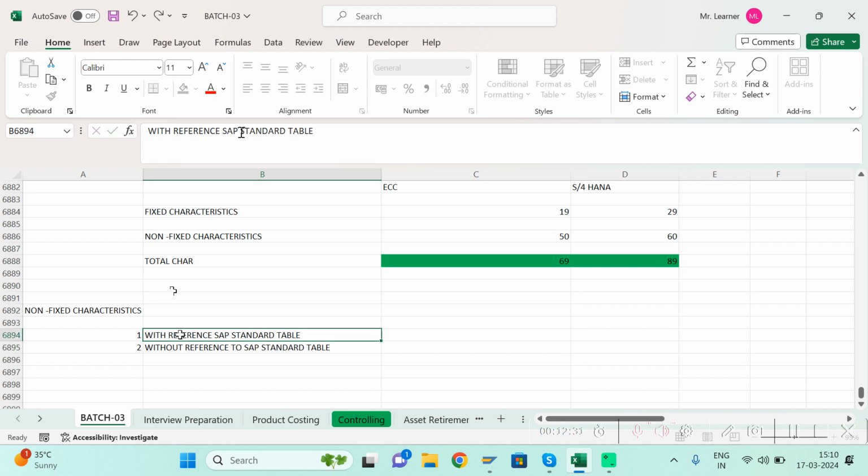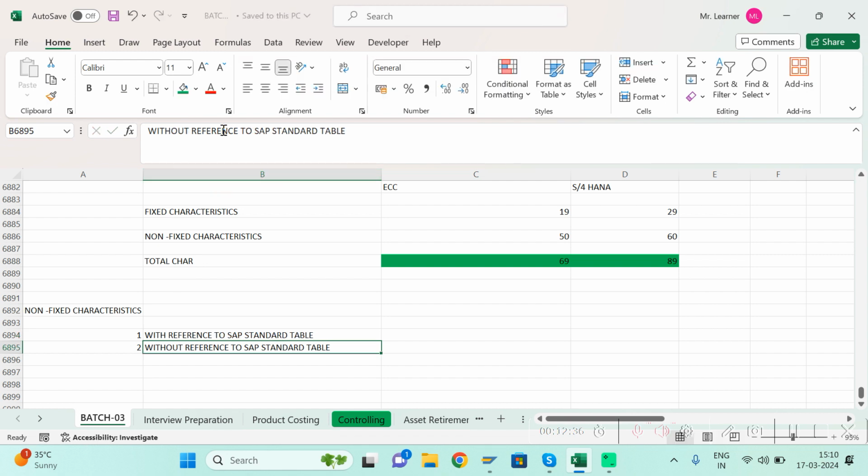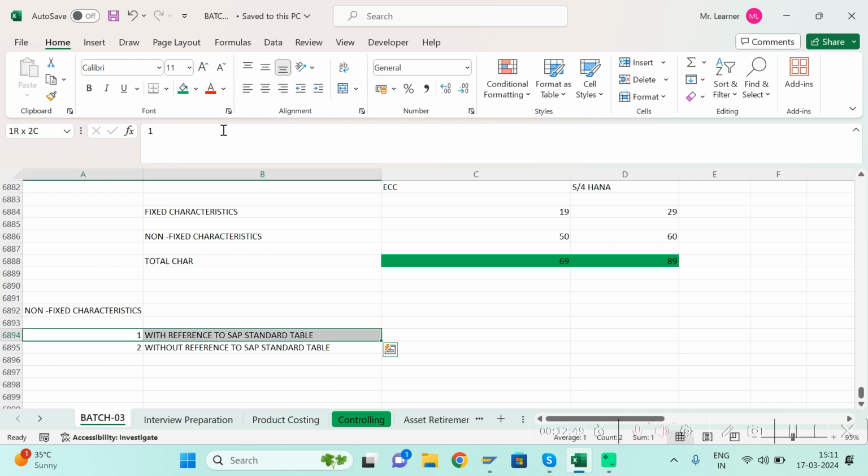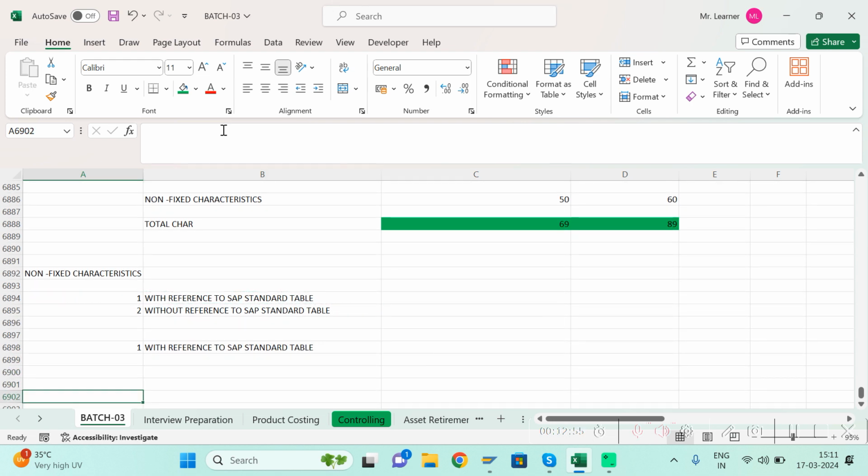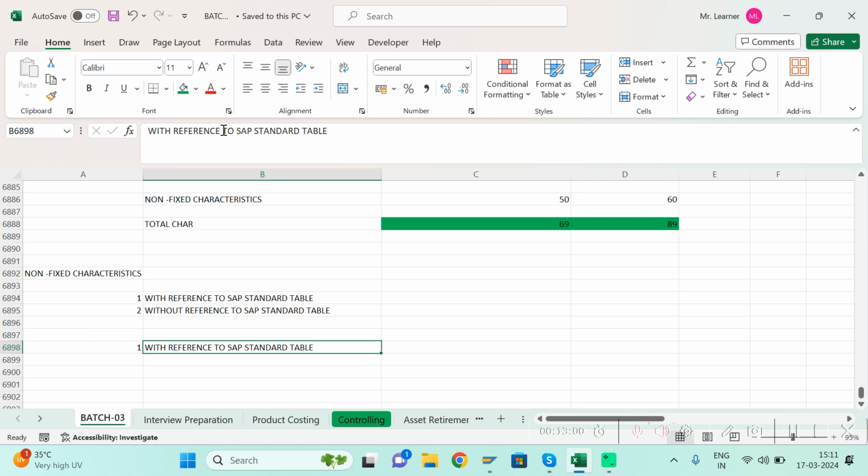Let me write here. So without reference to SAP standard table and with reference to SAP standard table. First I am going to discuss this one. If you want to create any non-fixed characteristics with a SAP standard table, then there are certain tables you can use while creating.